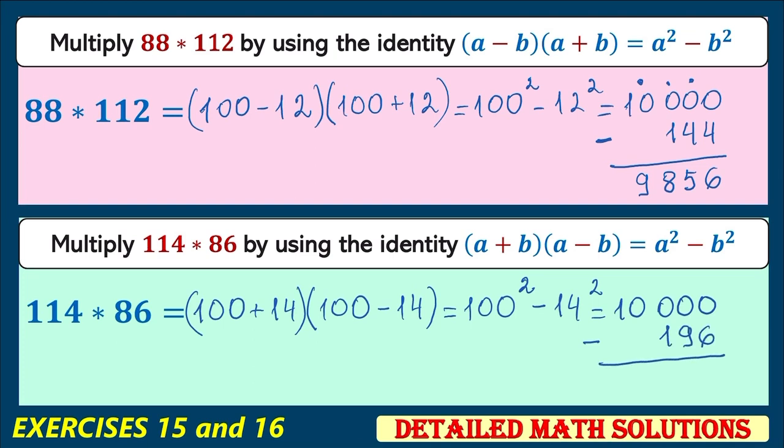When I subtract both numbers, I get 10 minus 6 is 4. Then I have 9 minus 9 is 0. Then I have 9 minus 1, which is 8. And this exercise equals 9,804.